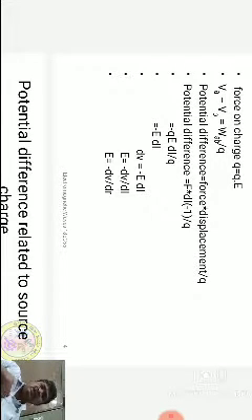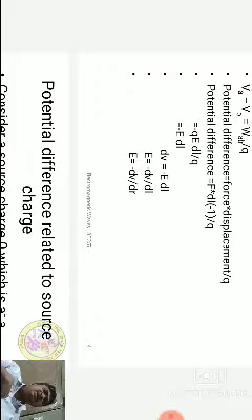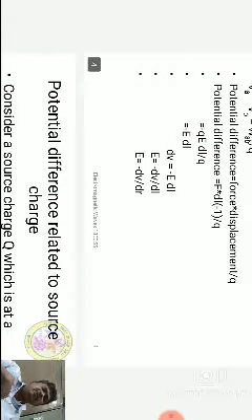So now here theta is 180 degrees, cos 180 degrees is -1. So force into dl into -1 upon Q. This can be rewritten as minus Q into electric field into dl upon Q. So here the Q will get cancelled. We are left with E into dl. So what is E into dl? E into dl is the potential difference.